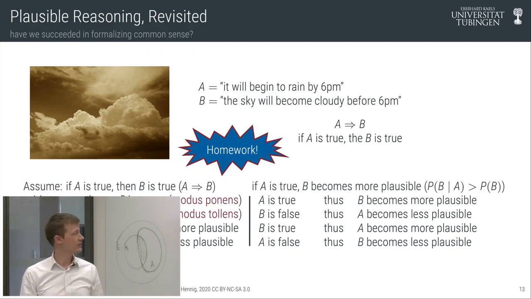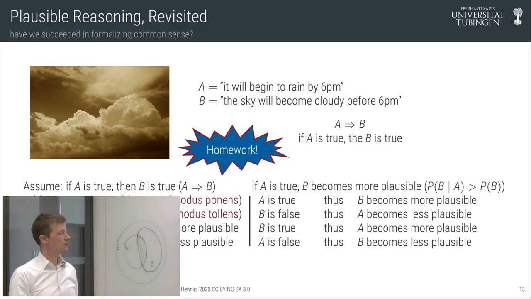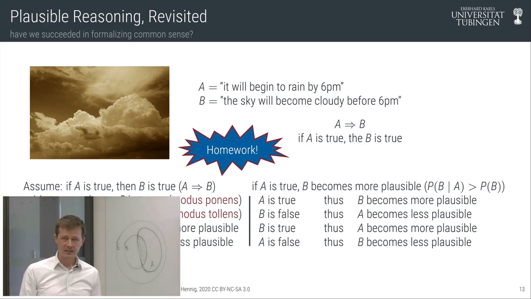It's raining outside and the street has become wet. So B being the street is wet. Classic propositional logic allows us to say if it rains, then the street gets wet, and if the street is dry, it can't possibly have rained.